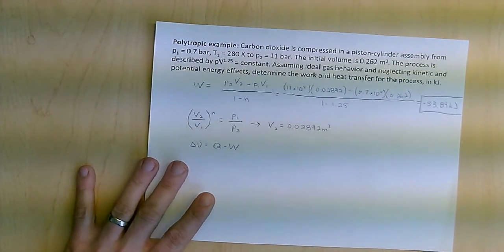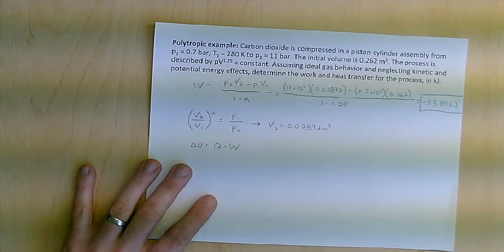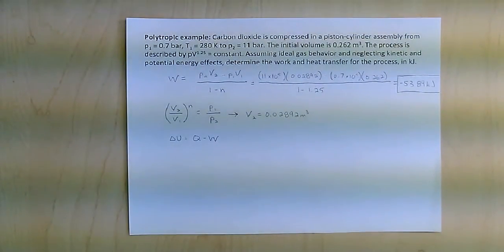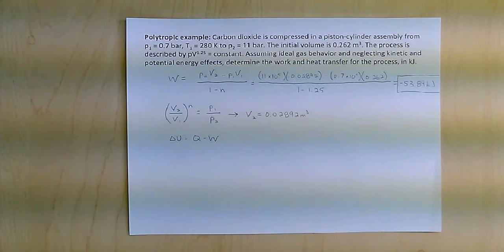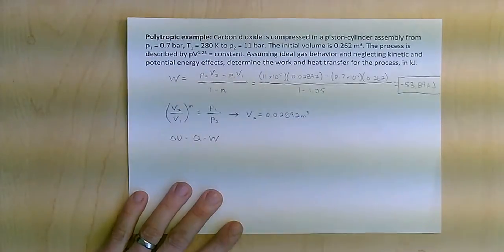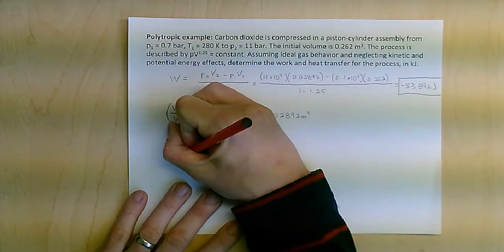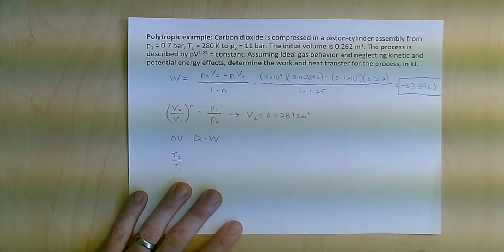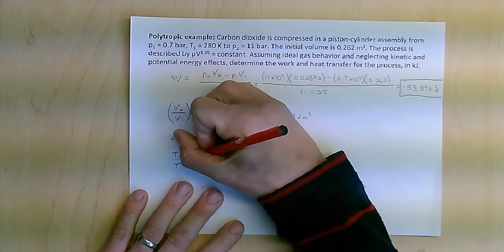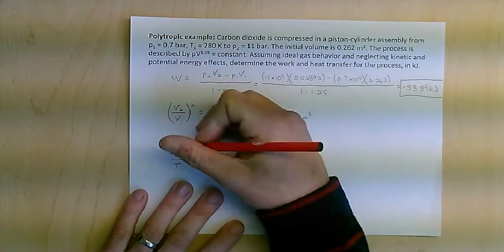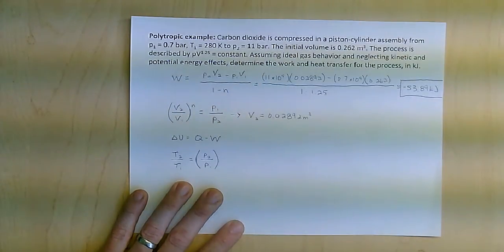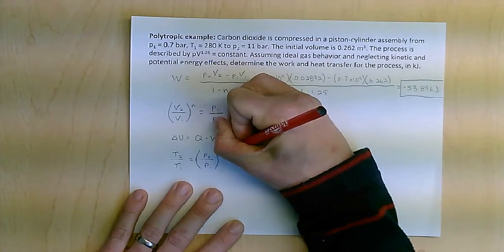Now again, this is the polytropic process of an ideal gas, and I can easily find the relationship between T2 over T1 and relate that to my pressures: T2 over T1 equals (P2 over P1) to the (n minus 1) over n.